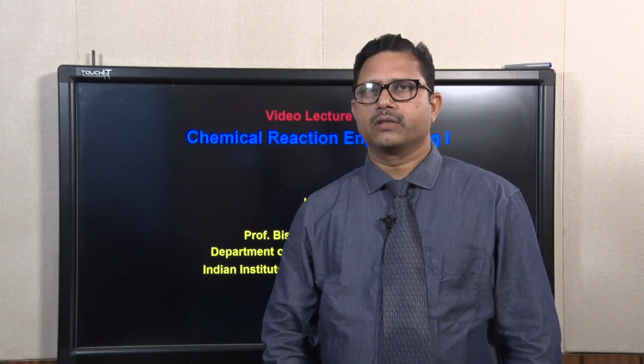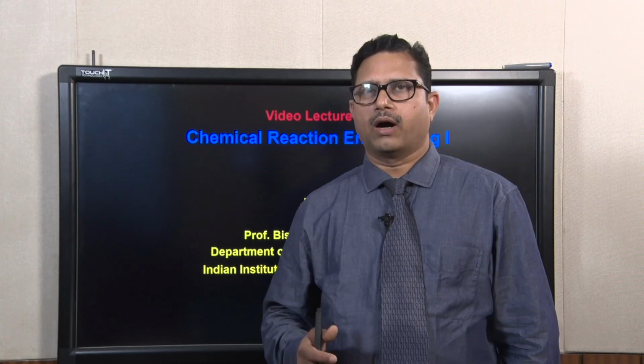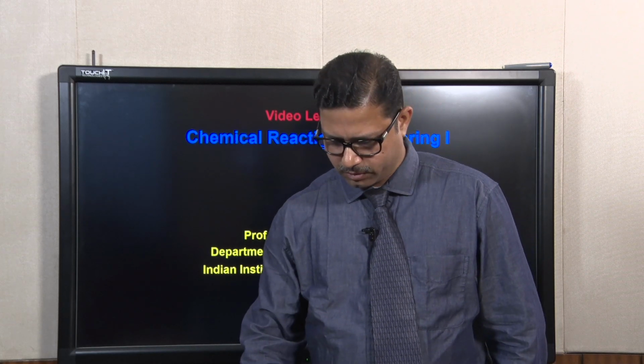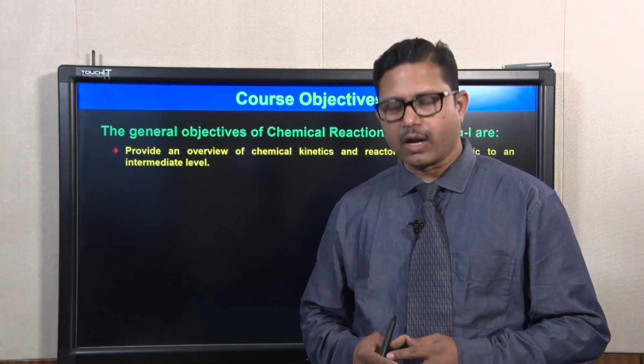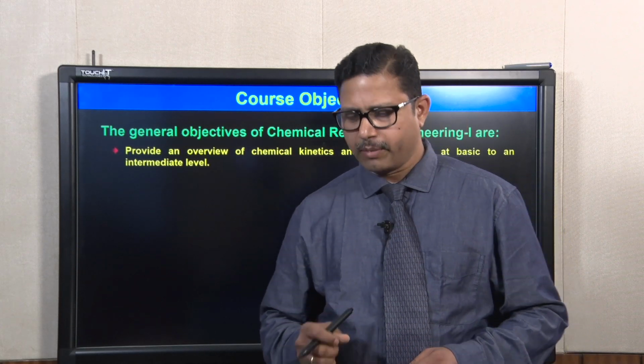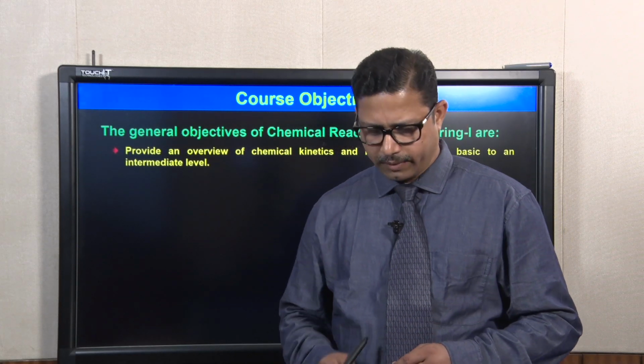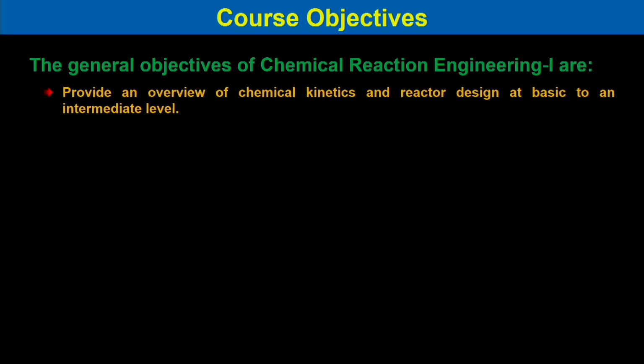Before going to this lecture, let us have our objectives of this course. The general objectives of Chemical Reaction Engineering 1 are to provide an overview of chemical kinetics and reactor design at basic to the intermediate level.